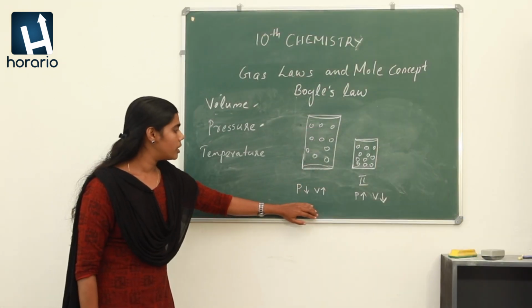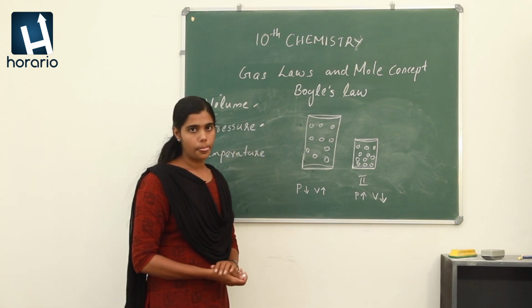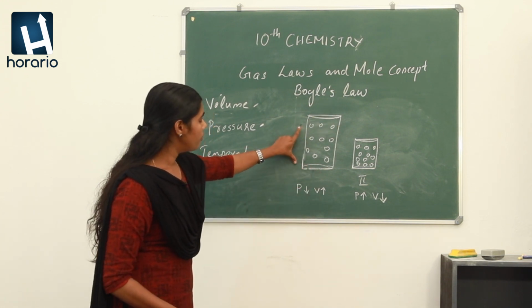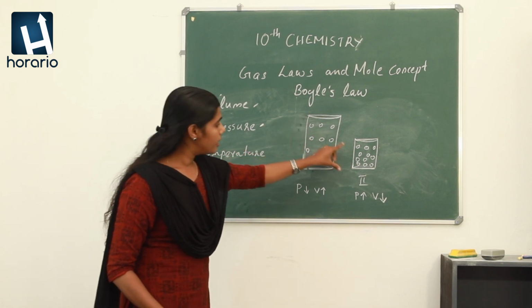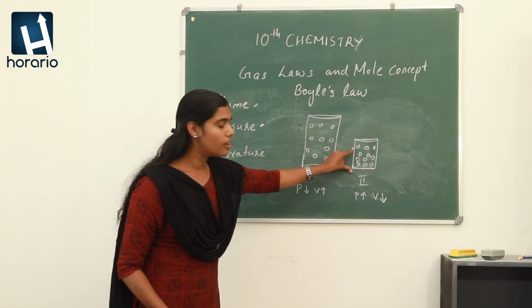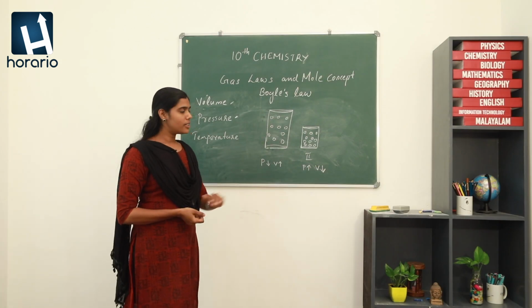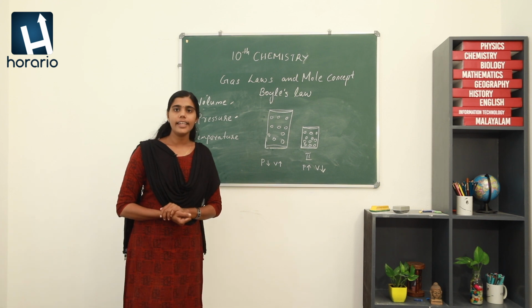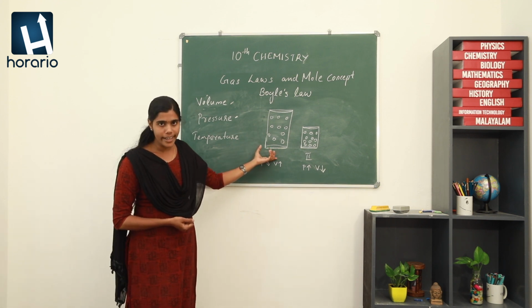This relationship between pressure and volume can be stated by Boyle's Law. When the pressure is less, the volume is very high, and when the pressure is high, the volume will be low. This relationship is known as Boyle's Law, and it was stated by a British physicist, who was also a chemist.